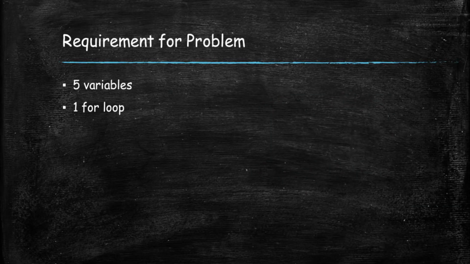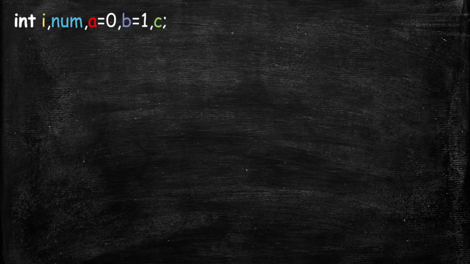To make this program, we need 5 variables of integer and one for loop. Let's see the coding. First we will make integer i, which we will use in our for loop. num is the number which the user has entered, and a, b, c will be used in the calculation of this Fibonacci series.